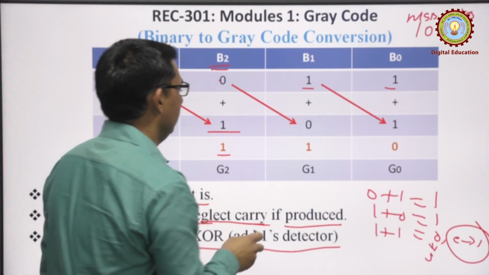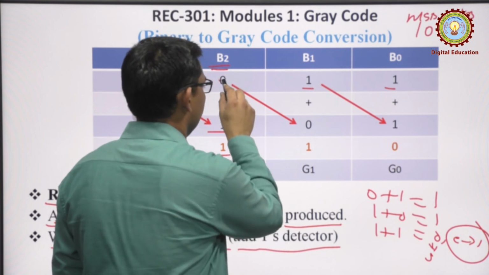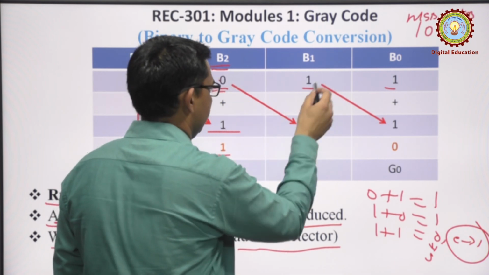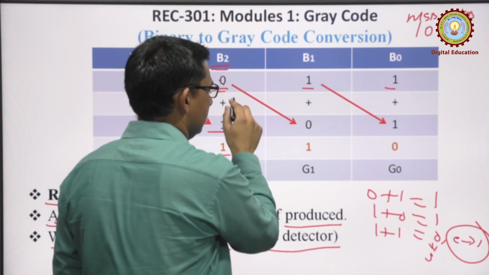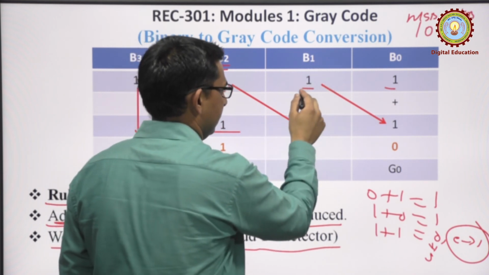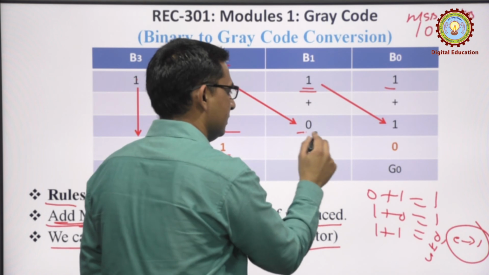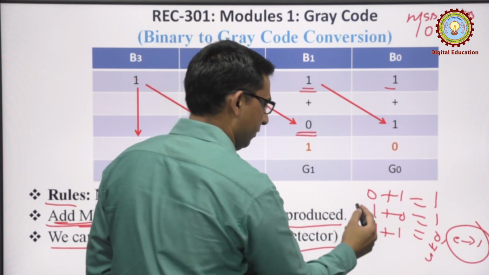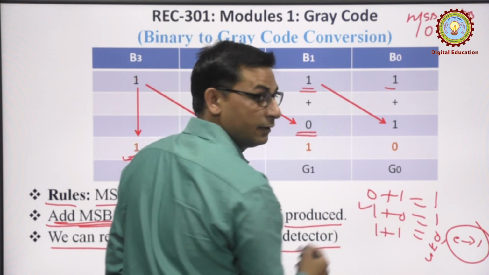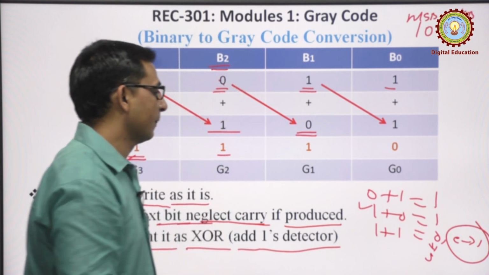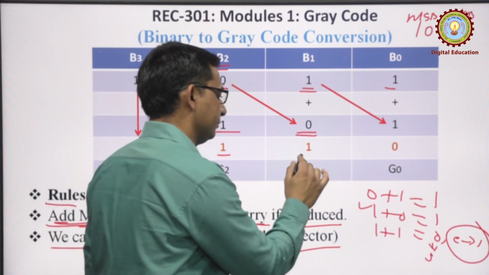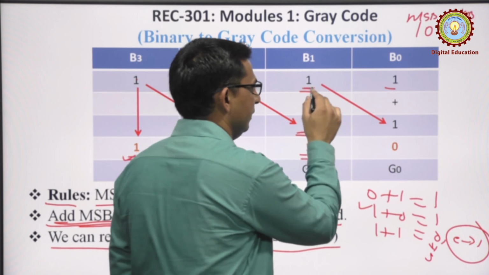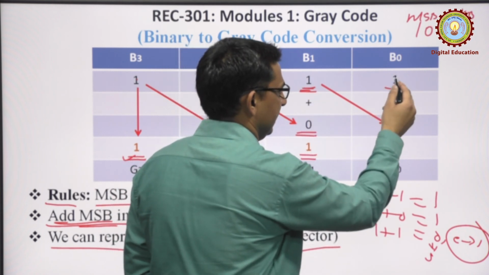Okay. Now, add this bit to the next bit. The next bit is 0, and the bit after that is 1. So, 1 plus 0 is equal to 1. Okay. So, we get 1. Now, add this 1 to the next bit, and the next bit is 1 also.